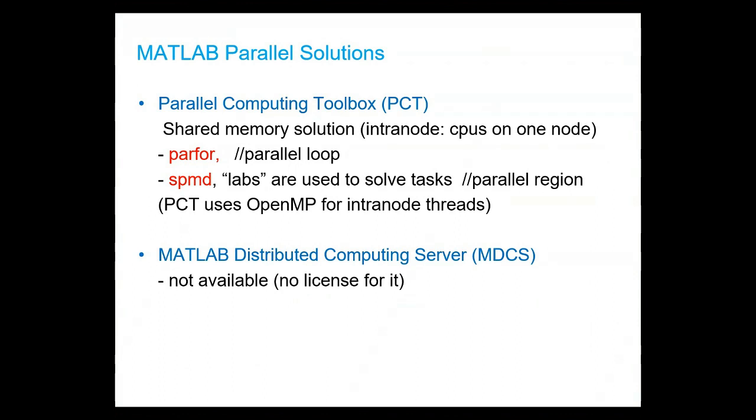I think it takes the same programming mechanism as OpenMP. So SPMD is more like a parallel region. It opens a parallel region for you to do whatever computations you need to do. And parfor is quite straightforward.